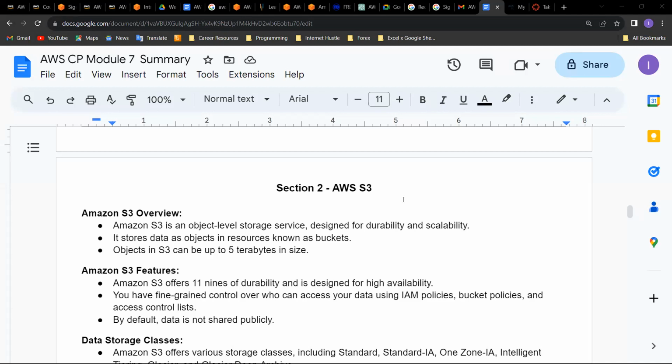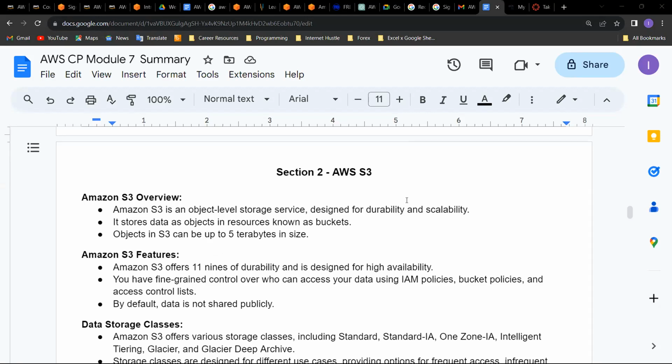Each object can be up to 5 terabytes. However, you can store virtually unlimited data, but each object shouldn't be more than 5 terabytes. That is just what it means. So you can have an image of 5 terabytes, but you can't have an image of more than 5 terabytes, but you can have 10 images that are 5 terabytes each, and you can store them in one bucket.